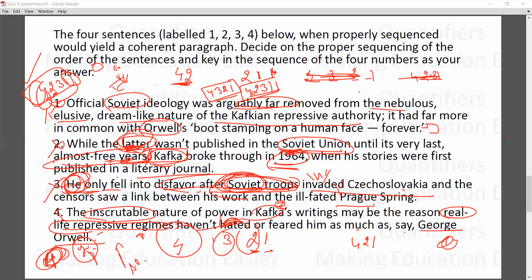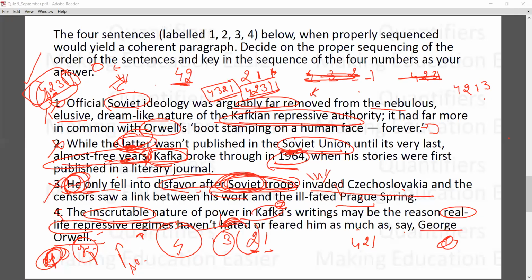Sometimes you may feel that 1 should come before and then 3 should come third, so 4 1 3 could be the case. But here we are talking about the Kafkaesque nature of the repressive authority, so we are not talking about any person.